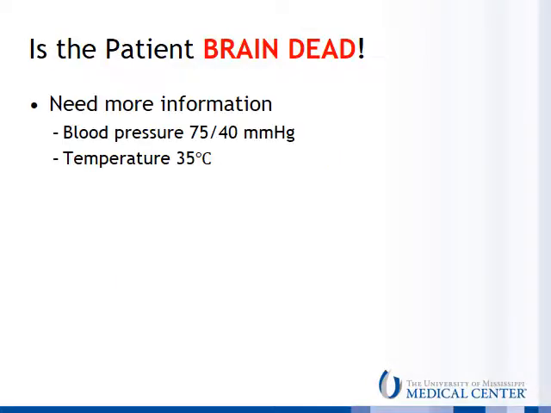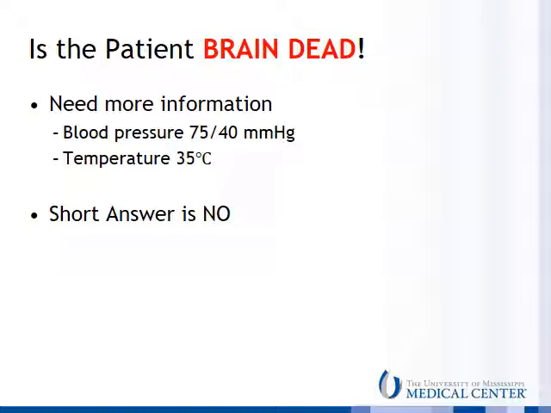Well, not quite yet. You need more information. His blood pressure is 75/40, which is not normal, and his temperature is 35 degrees Celsius, which again is not normal. So the short answer is no, in that to consider someone brain dead, there's very specific clinical criteria that you must have evaluated before making that determination, because brain death is a diagnosis of death.